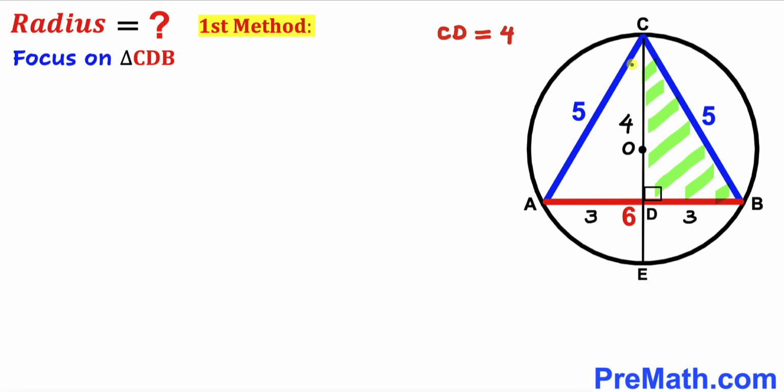Now let's make an observation. We know the whole CD length is 4 units, and OC is the radius of this circle. I'm going to label this one as lowercase r. So this tiny segment OD length has got to be 4 minus r.